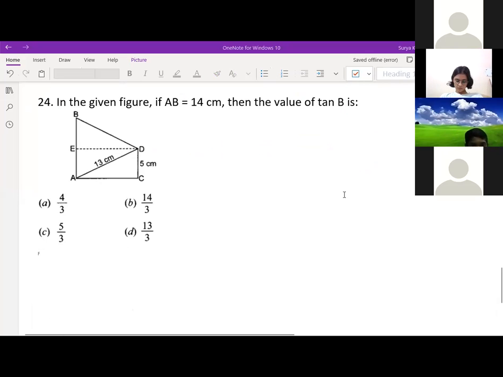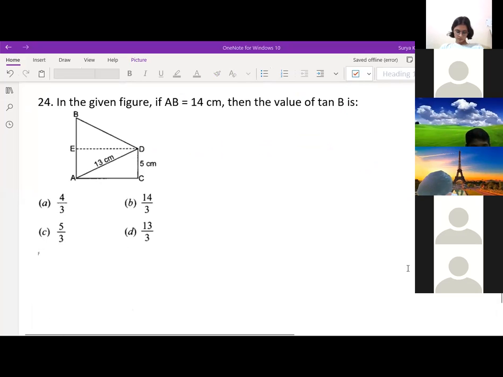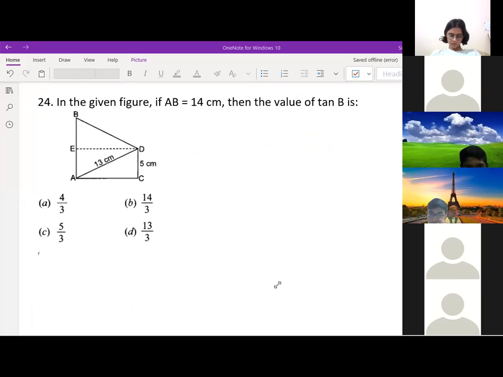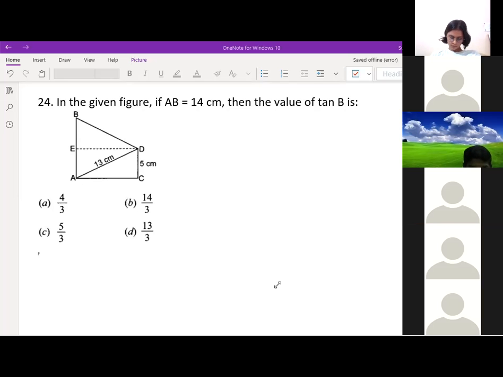Children, the timing of your classes is 7:45. All of you are joining around 8 o'clock. Only Praharshan, Samarth, and a few children join at 7:45. The rest are all joining by 8 o'clock. You don't know the timings, children? You have remembered 8 o'clock, all of you? Sir, I was late today only, sir.